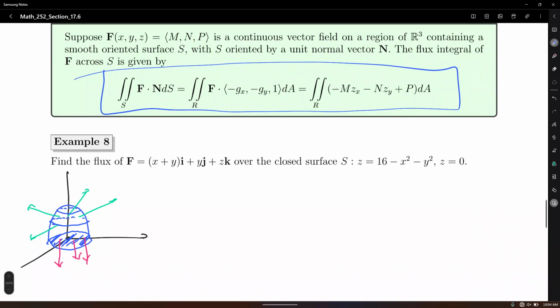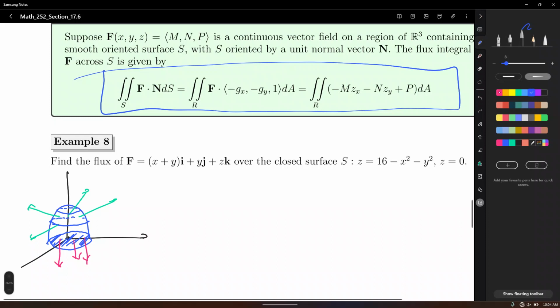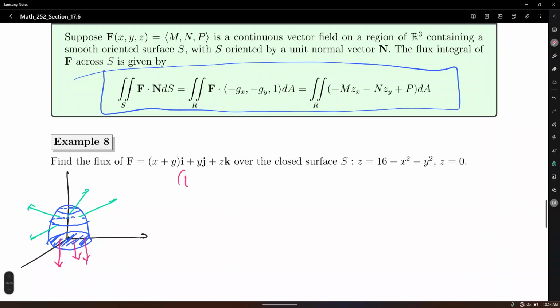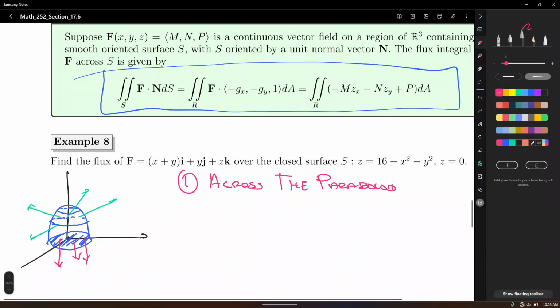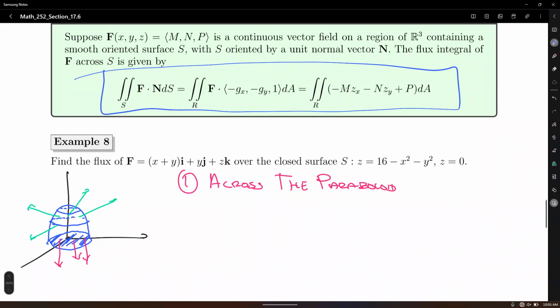Number one, across the paraboloid. So the flux, which is the double integral over the surface S of F dotted with N dS, but of course we're not going to get normal vectors.